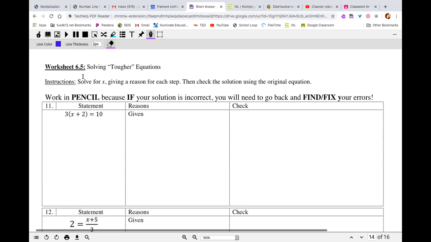Okay, so I'm going to draw my arrows from 3 times x and then 3 times 2. So how am I going to write that?